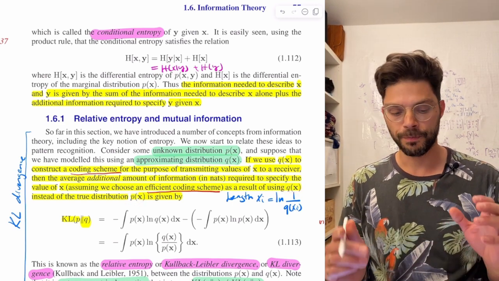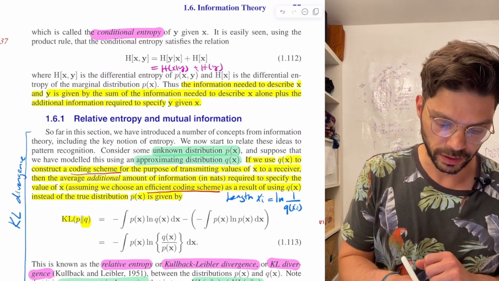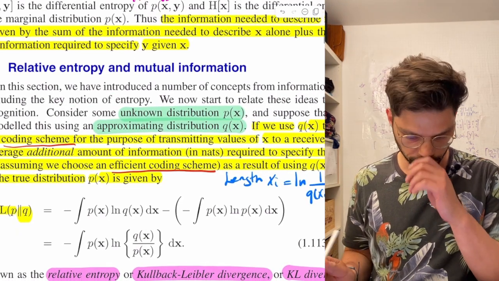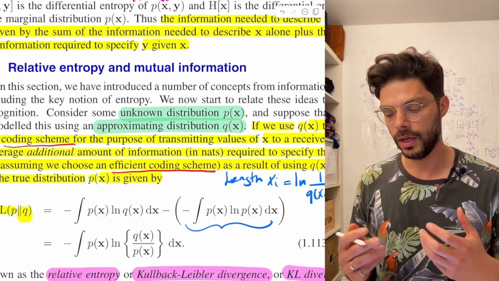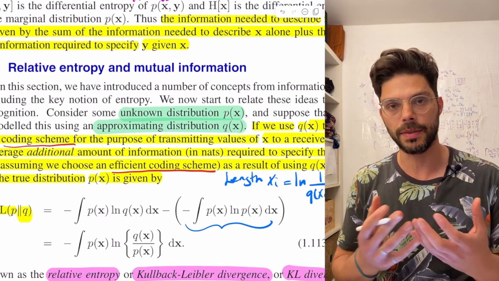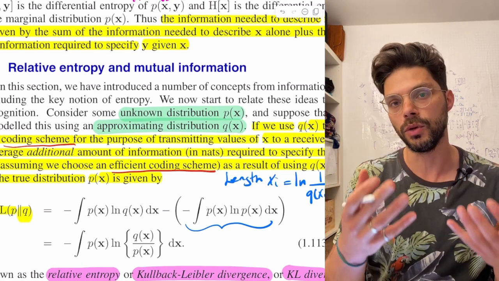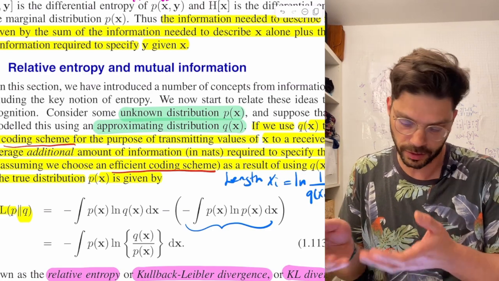This causes two terms to show up. So let's look at what those are, and maybe we can zoom in here. This term here would be the average length of the number of bits you're transmitting if you knew the true probability distribution, right? This was just the entropy of the distribution, the differential entropy in this case.